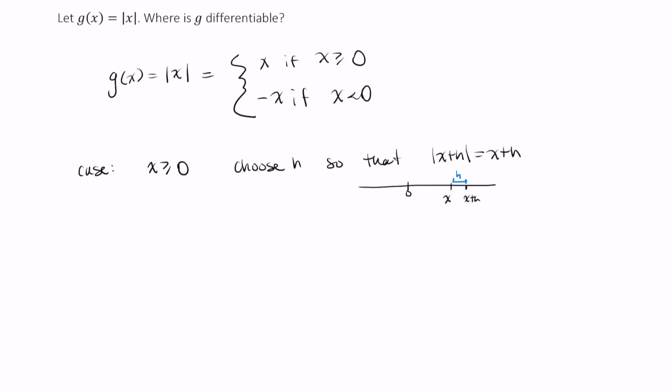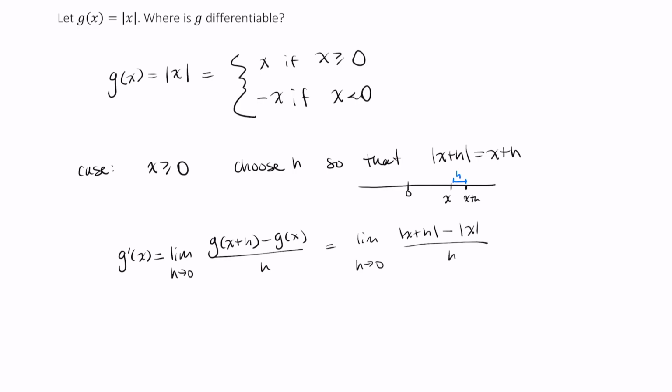All right, now let's go ahead and apply the limit definition of the derivative. So g prime of x is equal to the limit as h approaches 0 of g of x plus h minus g of x over h. So this is the limit as h approaches 0 of the absolute value of x plus h minus the absolute value of x over h.